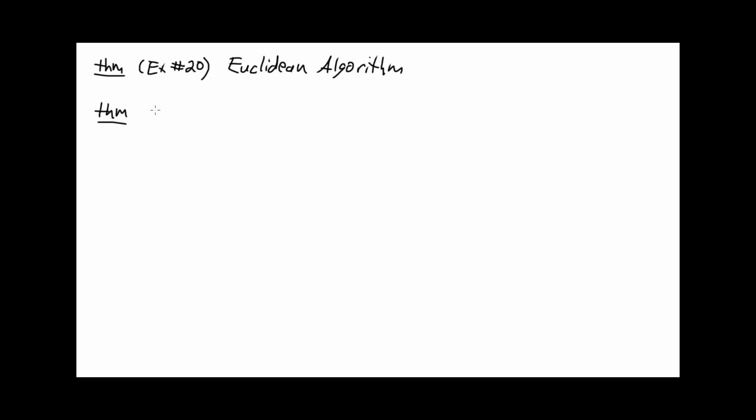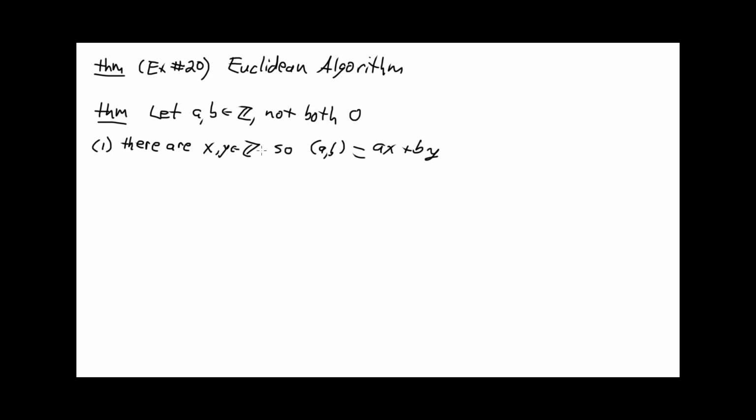So here's the theorem. Start off with integers a and b that are not both 0. Then the first statement is that you can write the greatest common divisor as a linear combination. So gcd(a, b) can be written as ax plus by for some integers x and y.